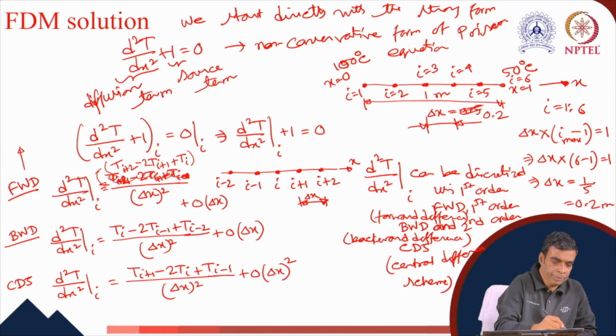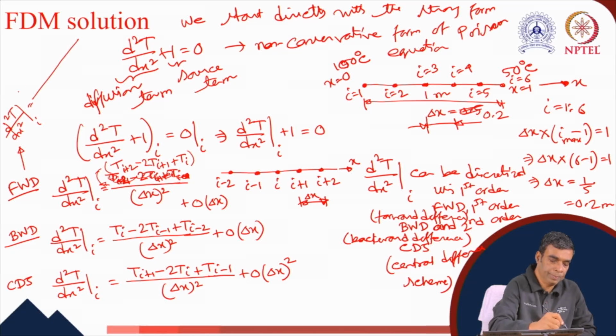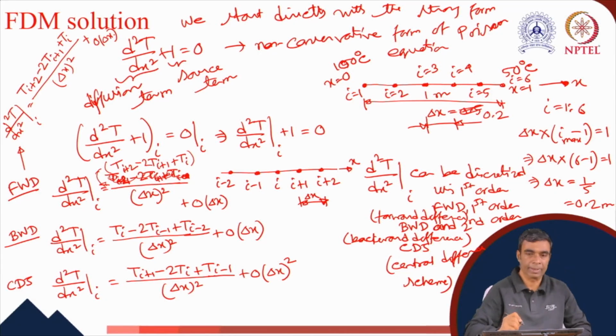So FWD, if I write it here again, d2T/dx2 at the ith node equals Ti plus 2 minus 2Ti plus 1 plus Ti by delta x whole square plus order of delta x.